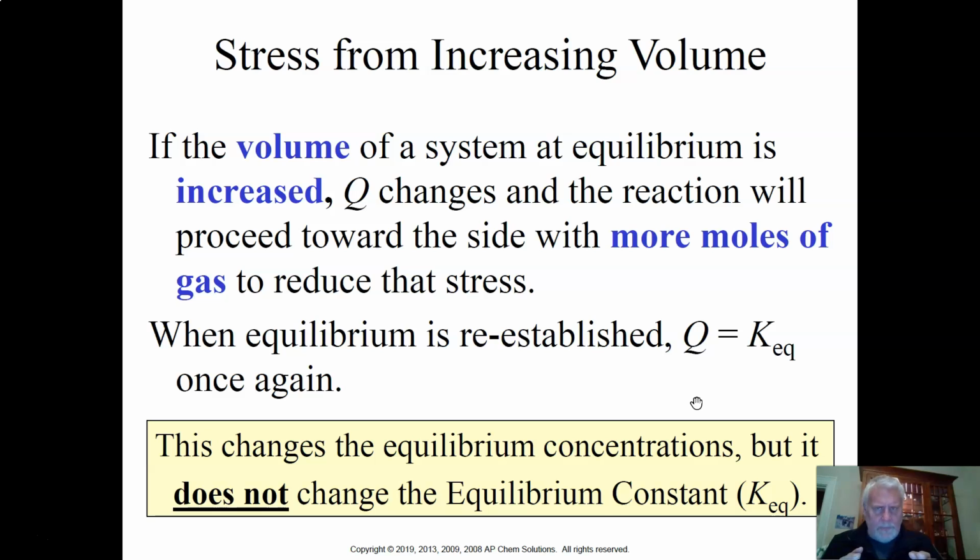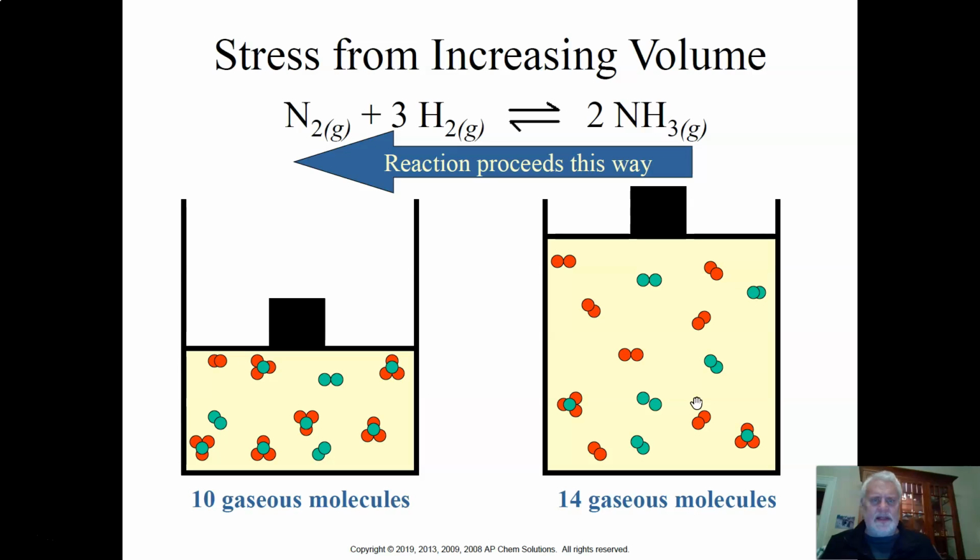Okay, so that's the stress caused from increasing the volume. So if you have this system, which is so much more relaxed and so much more space, then it'll go, oh, you know what? At equilibrium, we were over here. So you changed the gaseous molecules on both sides, and then it compensates coming back.